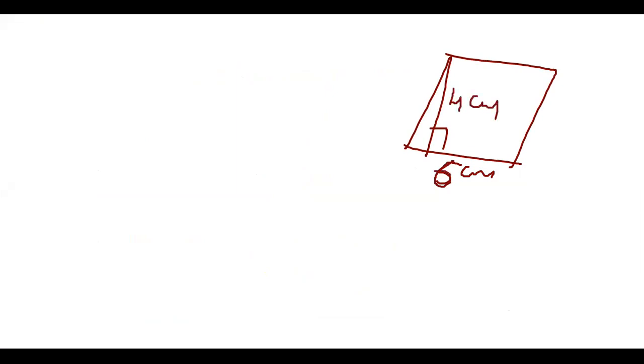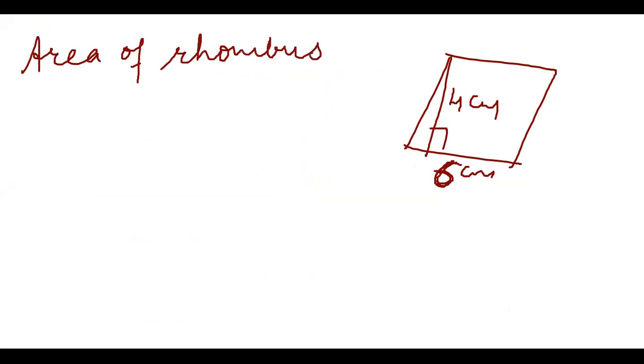Here you have given a rhombus whose side is 5 centimeter. Altitude is given here. Sorry, side is 6 centimeter. Altitude is given here 4 centimeter. And side is 6. Then first of all, we will find out area of rhombus. Area of rhombus will be base into height.